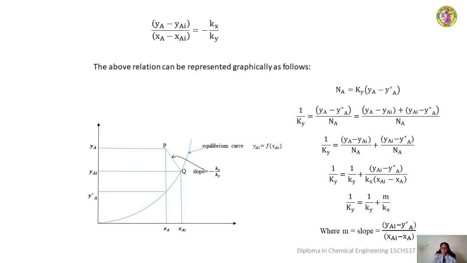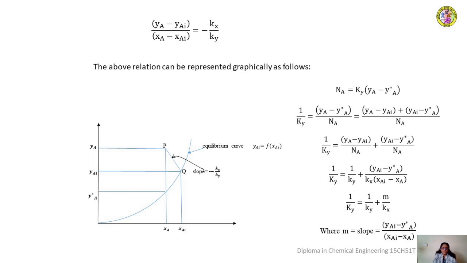Since we already have capital Ky and small ky in the equation, let us write down the equation of NA in the second term in terms of small kx. So as per equation 1, NA is also equal to kx into XAI minus XA. So let us write down that in the denominator. Now just observe the second term in the equation on the right hand side. The ratio YAI minus YA star to XAI minus XA.